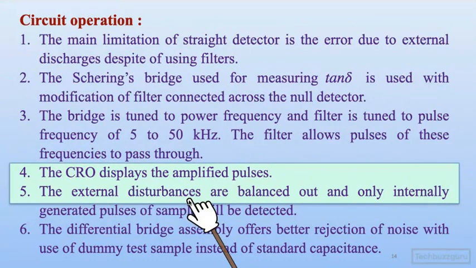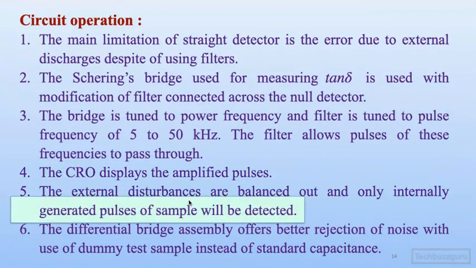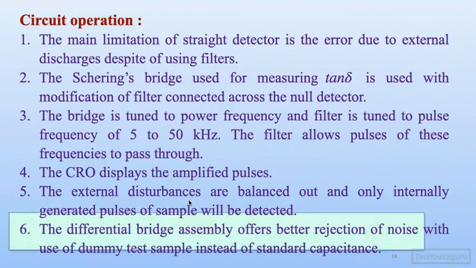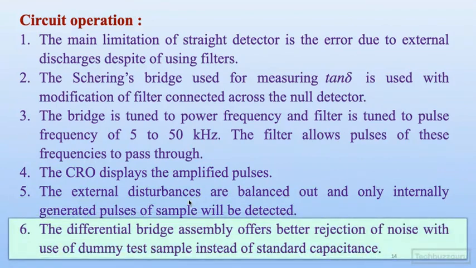So this method is able to take care of noise, maybe disturbance on the source side or disturbance due to external discharges, corona discharges. Differential bridge assembly offers better rejection of noise with the use of a dummy sample, test sample instead of a standard capacitance.